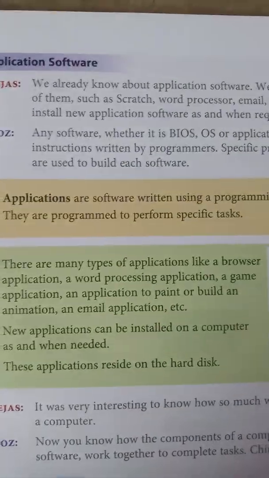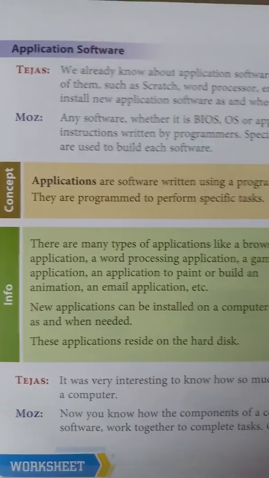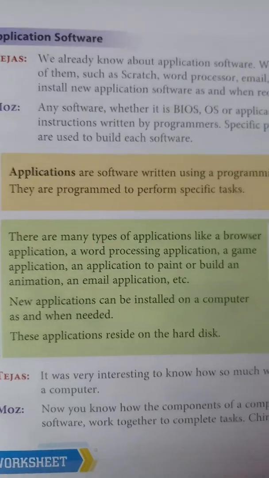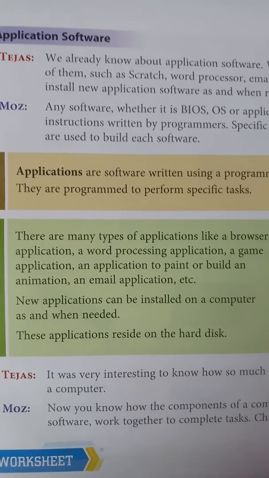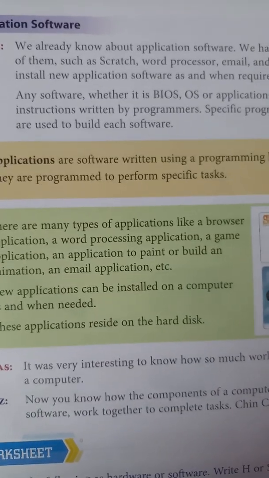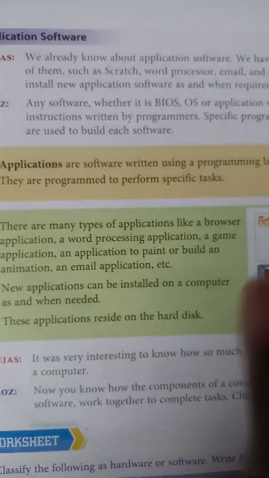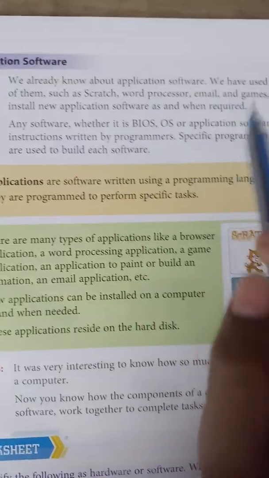Next one is application software. Application software is nothing but our applications. What are the apps? Like WhatsApp, Instagram, Microsoft Word. These are some examples of application software. We already know about application software.